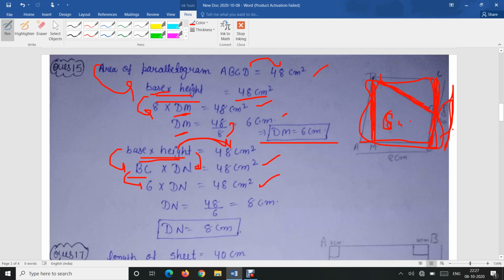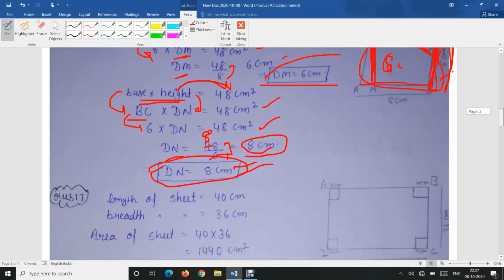From here you can find the value of DN, which will be equal to 48 upon 6. Now 6 ones are 6 and 6 8s are 48. So DN will be equal to 8 centimeter. Okay, now DM is 6 centimeter and DN is equal to 8 centimeter. You have found both the values which were asked in the question.